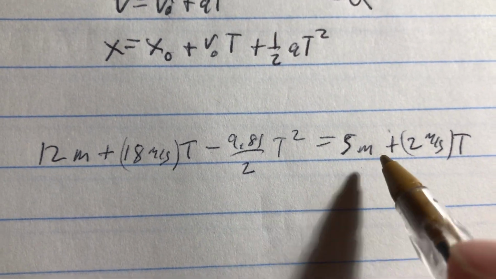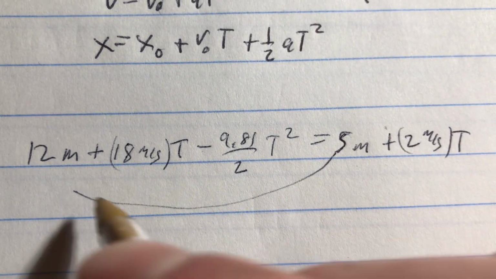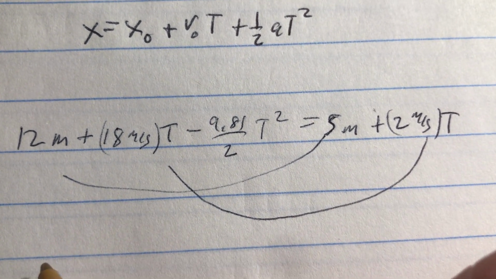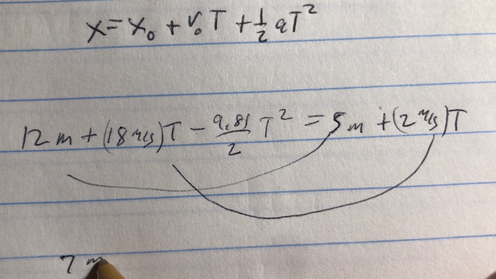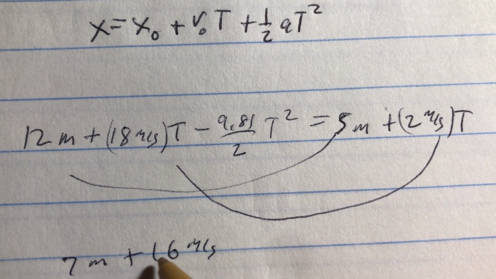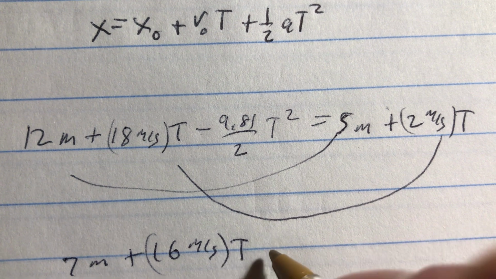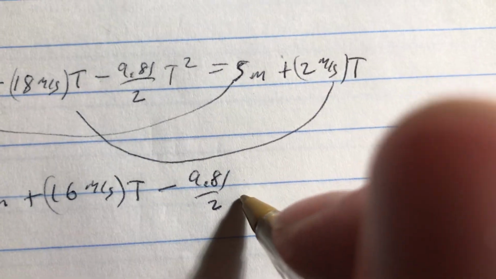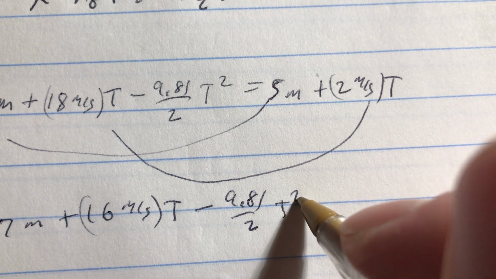Now we solve this. I'm going to subtract that over, and subtract that over. So I have a quadratic to solve: 7 meters plus 16 meters per second times t minus 9.81 over 2 times t squared.